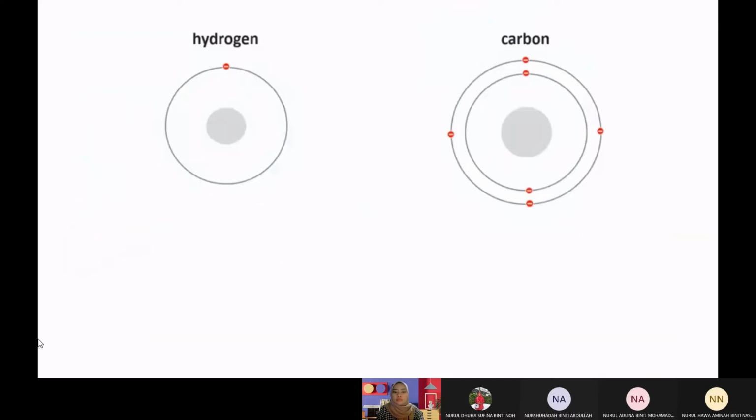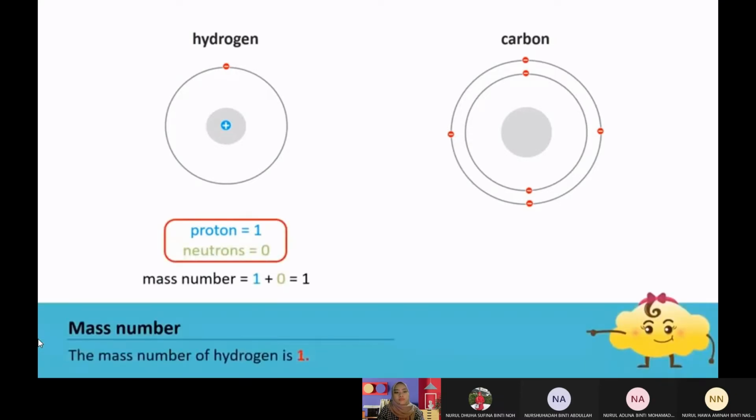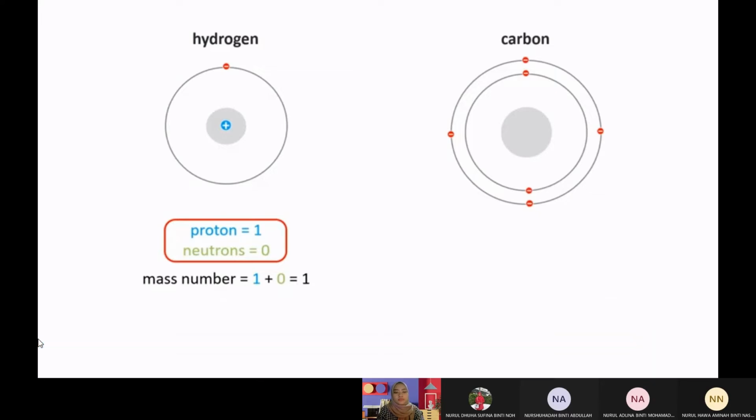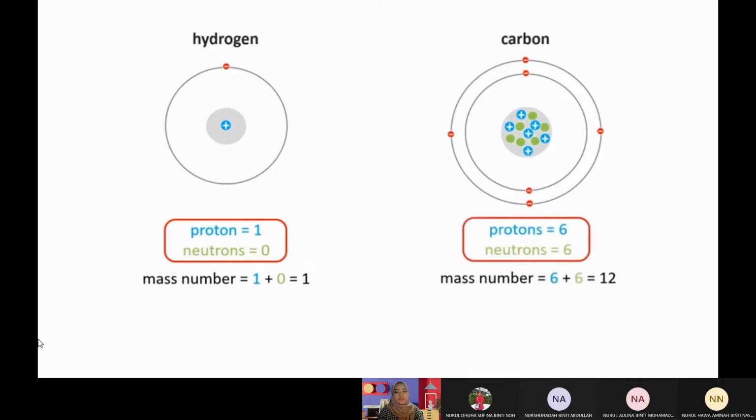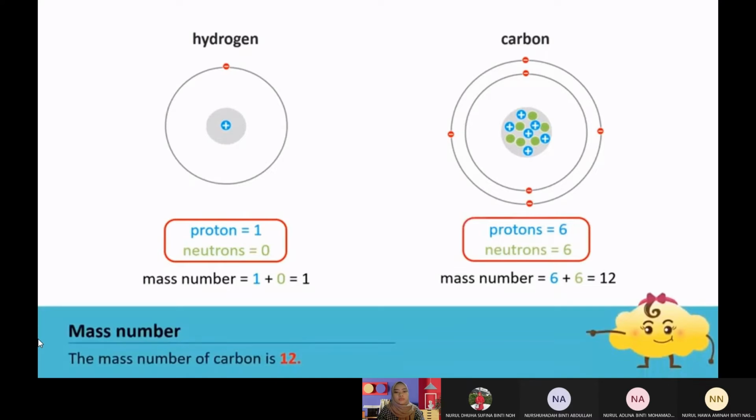Let's look at some examples. Hydrogen has 1 proton and 0 neutrons. 1 plus 0 is equal to 1. So, the mass number of this hydrogen atom is 1. Carbon has 6 protons and 6 neutrons. 6 plus 6 is equal to 12. So, the mass number of carbon is 12.